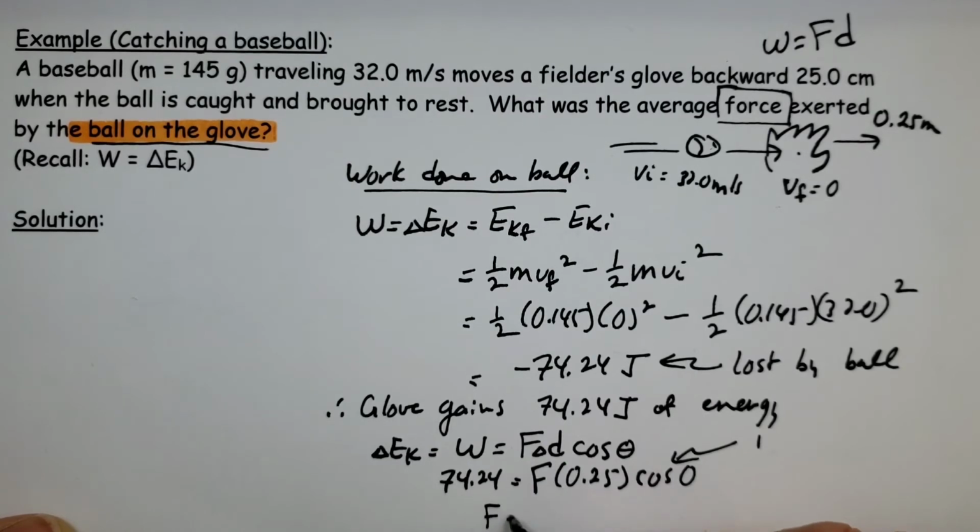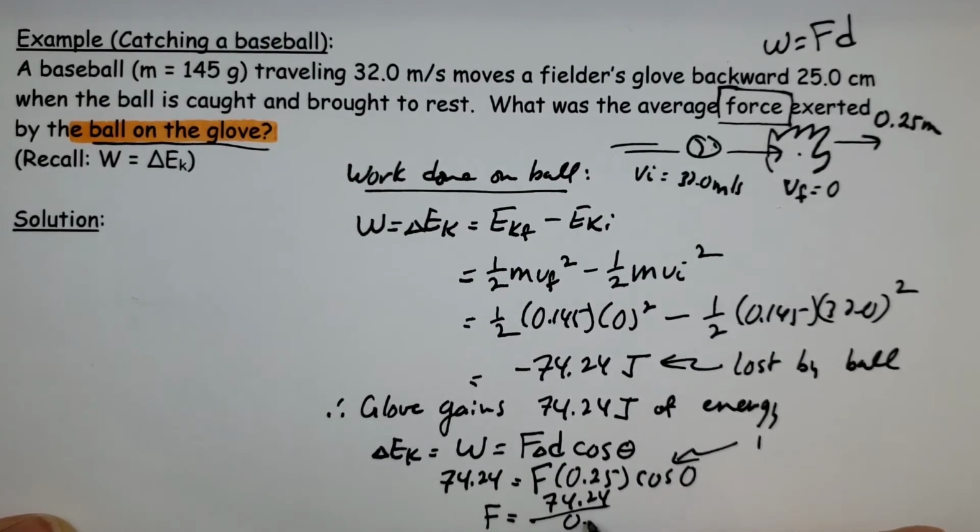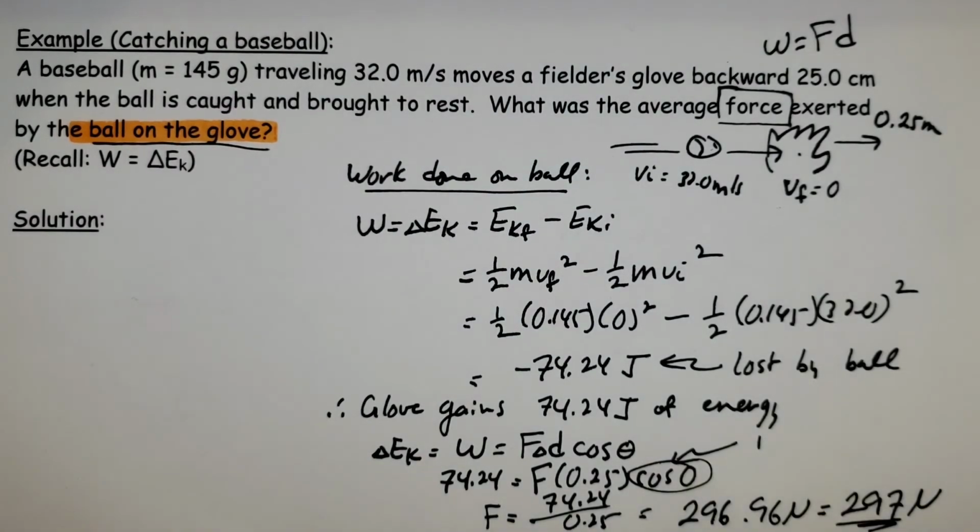So really what I'm doing here is figuring out F is equal to 74.24 divided by 0.25, because this part here is going to be 1, so it's not going to change anything, and I get 296.96 newtons. If I round that off to 3 sig figs, 297 newtons.